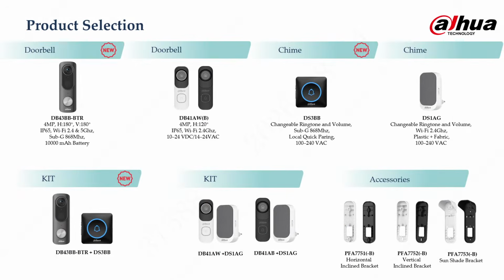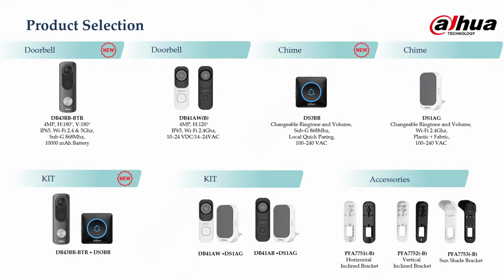And now for maybe the last slide, we can have a quick overview of the doorbell selection of Dahua. Basically, you have a doorbell with battery, or you can choose a doorbell powered by cables. In that case, the supply voltage has quite a big range.